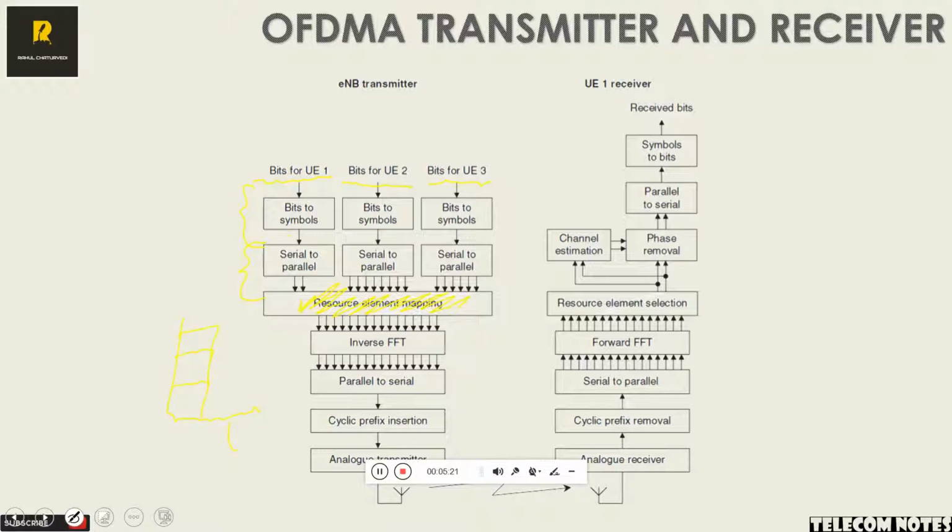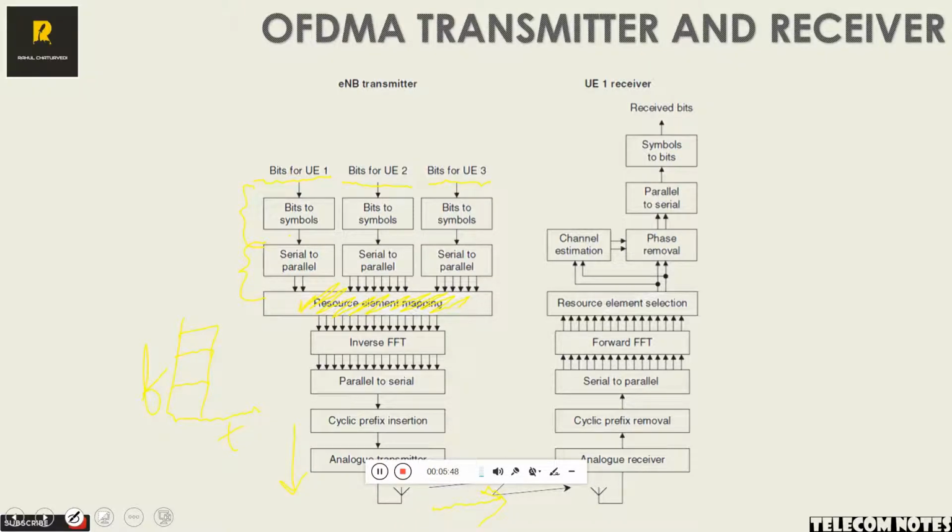This is the time and this one is the frequency. After that we do the IFFT, inverse Fourier transform, and change from parallel to series. After that we put the cyclic prefix, then the analog transmitter, and after that you transmit it.